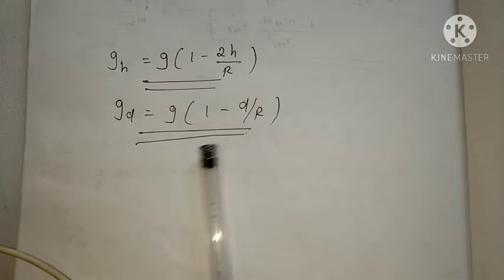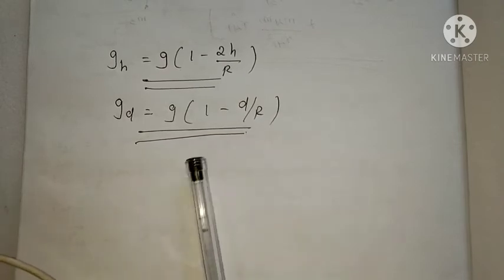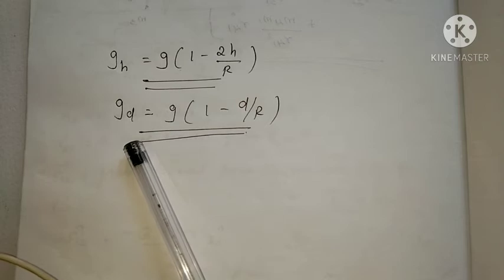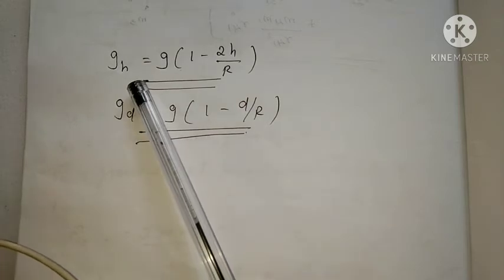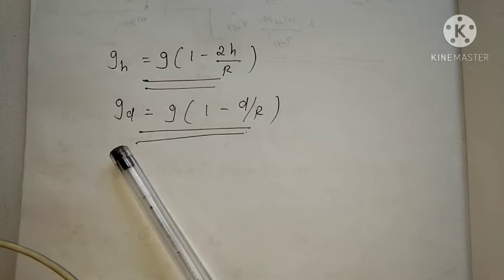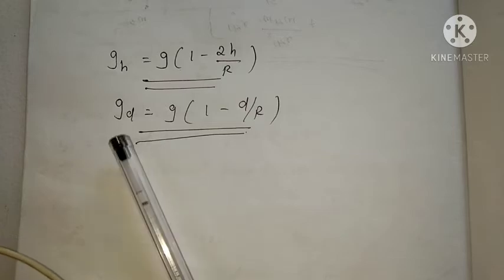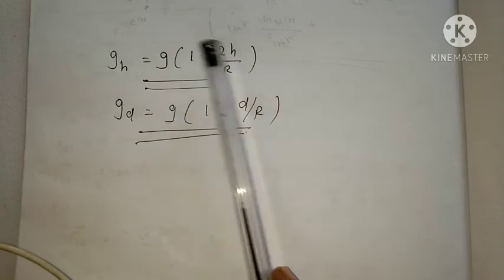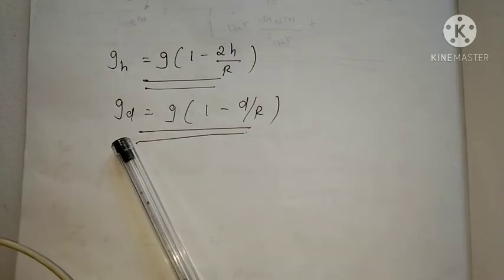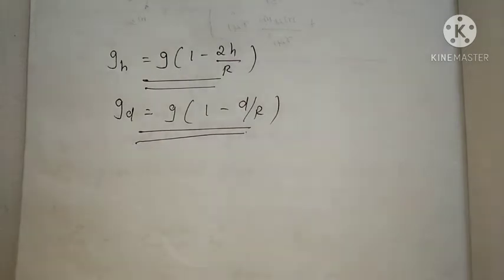Here also, when the depth increases, g decreases. So height increases, g decreases, and depth increases, g decreases. So it represents that g varies from place to place depending on the height or depth of the place.